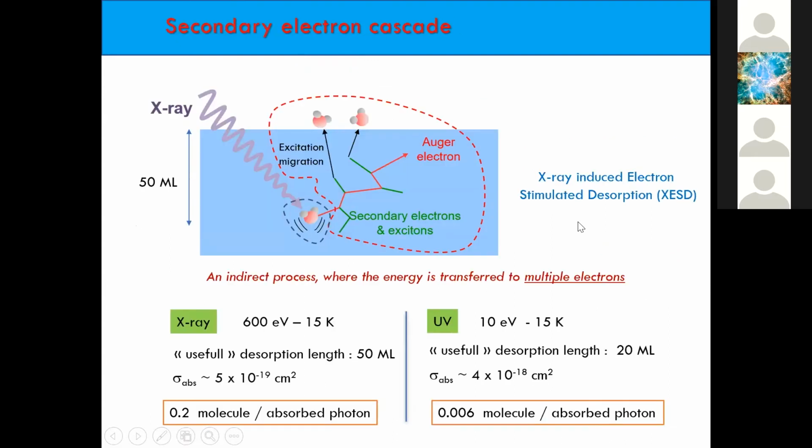And this is this Auger electron that is going to collide with surrounding molecules to produce secondary electrons and excitons that can migrate up to the surface and induce the desorption. And we believe that most of the signal I show you after are really dominated by this effect. That means it's an electron stimulated desorption that is dominating the process, so it's an indirect process.